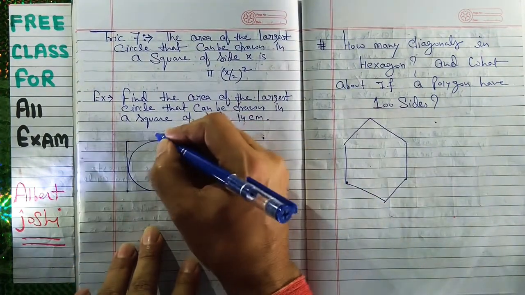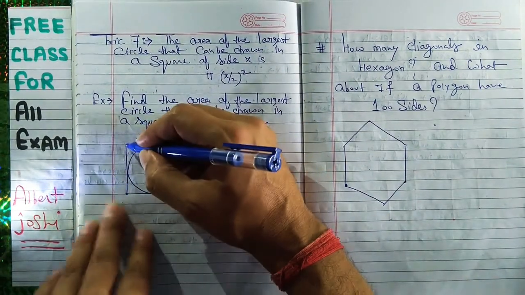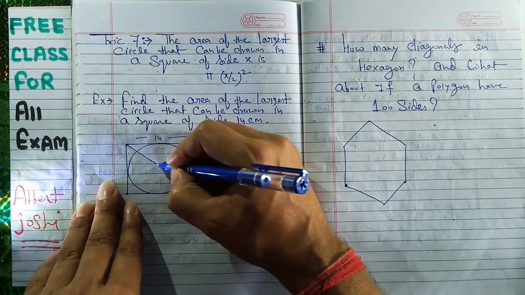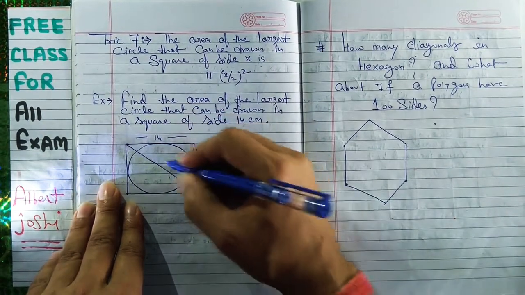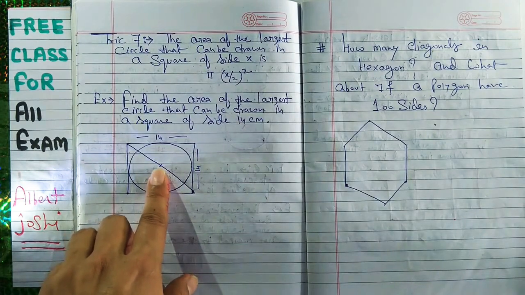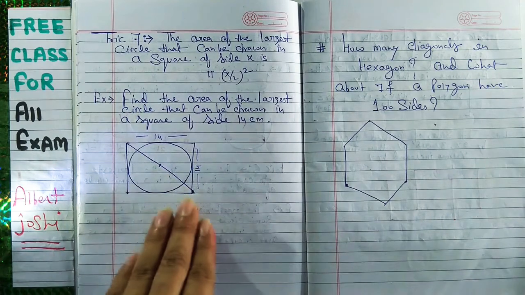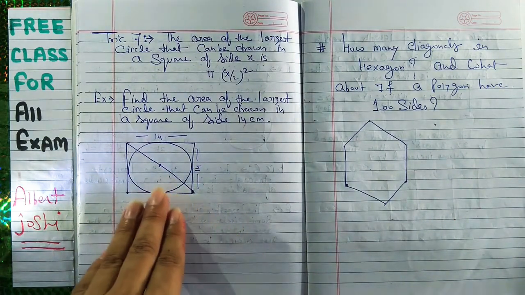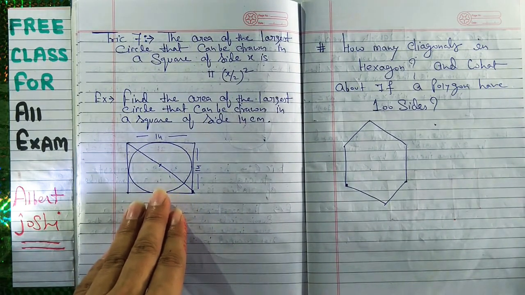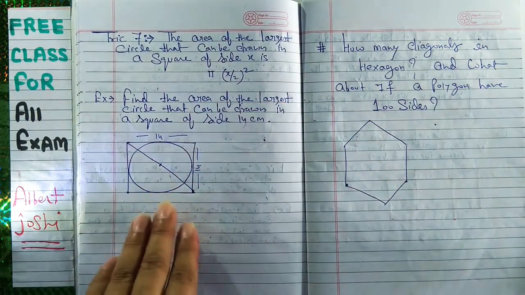By the help of this 14 and 14, that is the square, so all the sides will be the same. The diagonal will touch the center of the circle. Okay. So it will take more time.